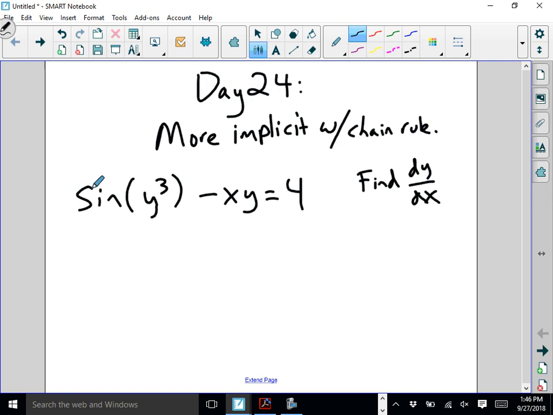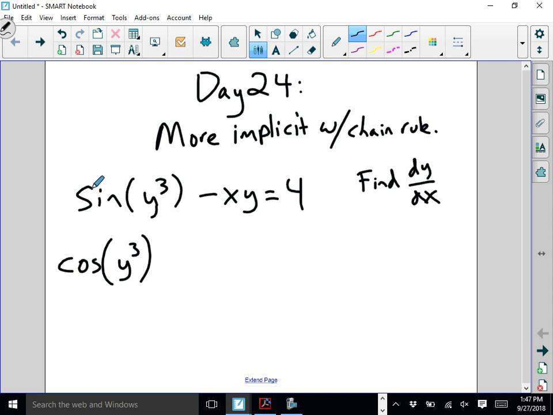Okay, we're back. So I see a function y cubed within another function sine. So I need to execute the chain rule. So I'm going to do the derivative of the outside, which would be cosine, but with respect to the inside, y cubed. So I start off like that, derivative of the outside with respect to the inside, but now I need to multiply by the derivative of the inside.